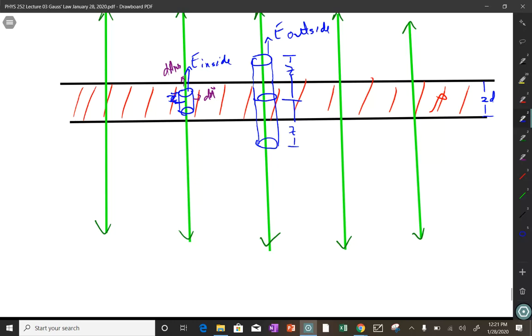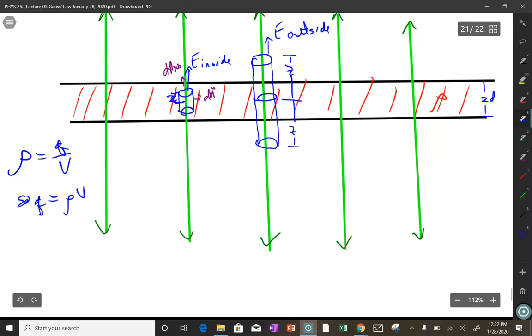just, well, what's charge density mean? Charge per volume. So if it's charge per volume, how do I find charge enclosed? Charge density times volume, because rho is Q over V. So Q is equal to rho V. So for this case, what is the volume?